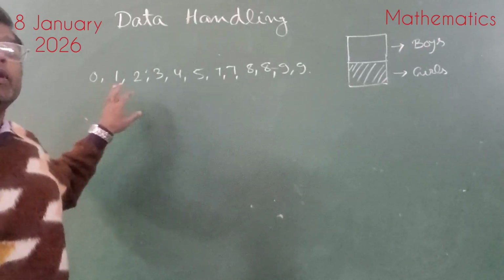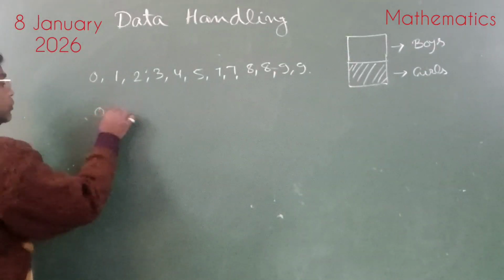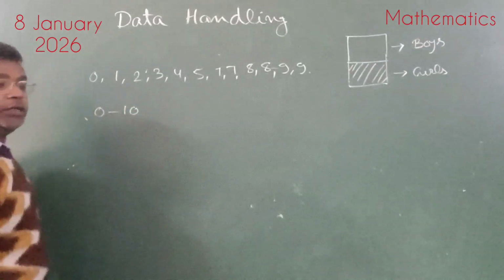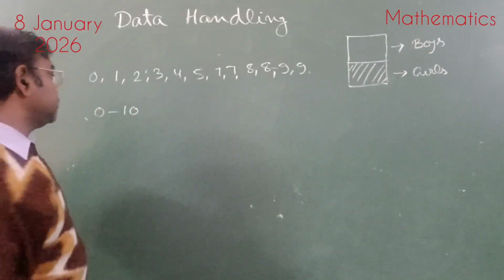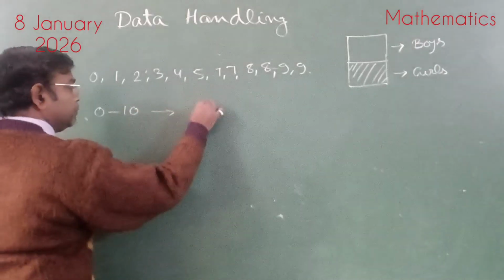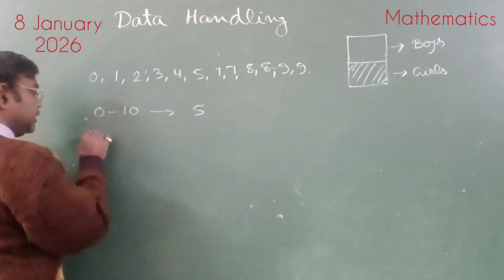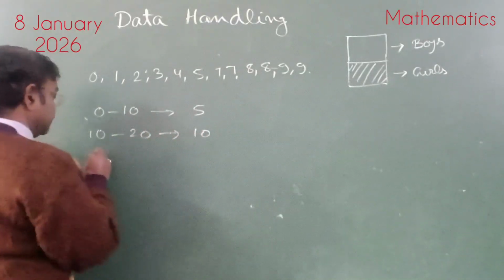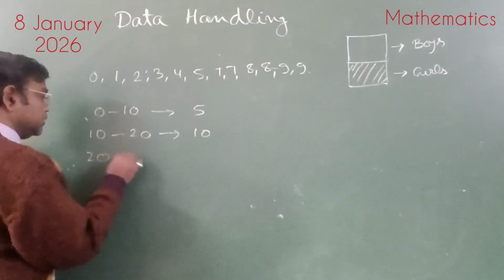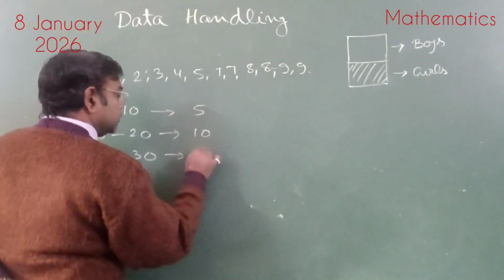But sometimes we have grouped data. Grouped data means, suppose, the marks obtained by students of a class. If marks are between 0 to 10, the number of students is 5. Then 10 to 20 has 10 students. Then 20 to 30 has 7 students.